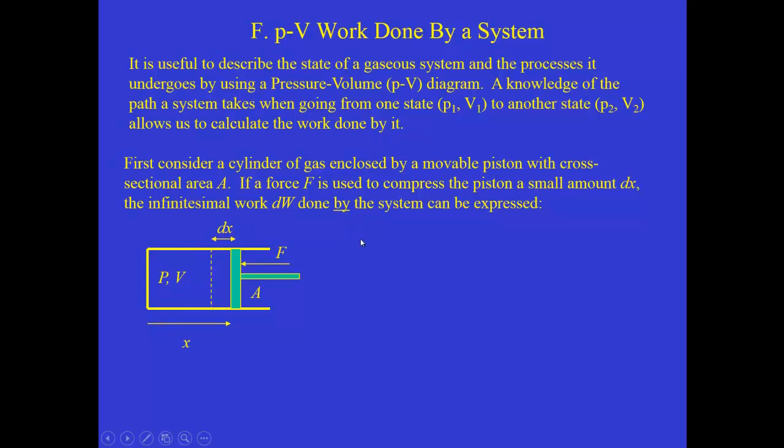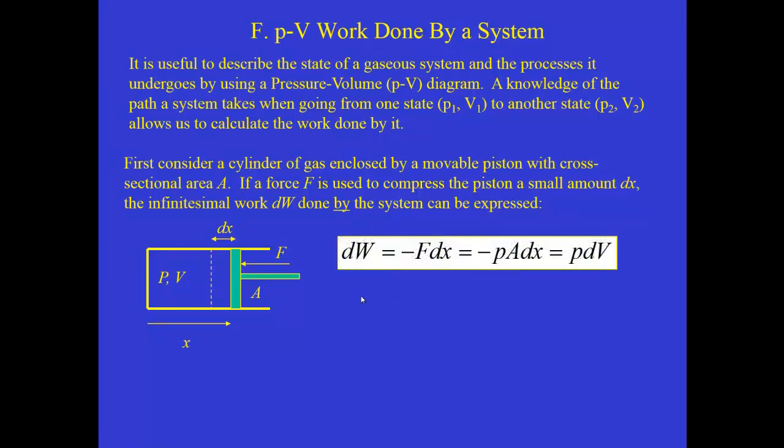And right away it should be clear that since this is a compression process, the work done by the system will be negative. Alright, so we can express this going back to our definition of work as force times distance, and the only reason we put the minus sign in here is because we're calculating the work done by the system.